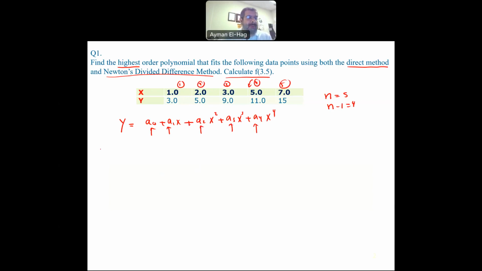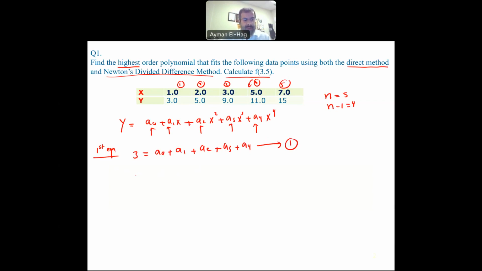So for the first equation, I will just substitute y is equal to 3 is equal to a0 plus a1 times x, where x is 1, plus a2x squared, so plus a2 times 1 squared, plus a3 plus a4. So that is my first equation.